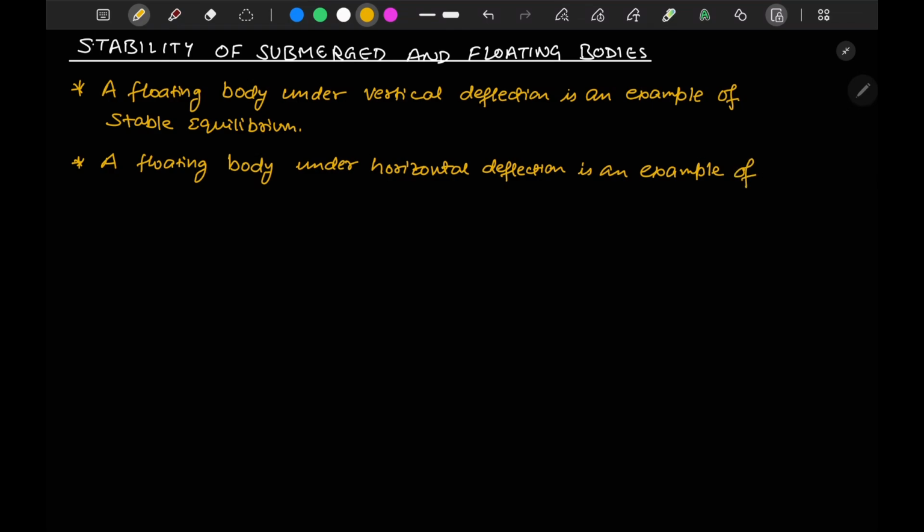Wherever we keep it, that body will remain there only. Why will it be like this? Because the net force will be equal to the buoyant force in case of floating, but there is no change in either of these forces. Neither the weight is increasing nor is the buoyant force increasing. You are just moving the body in the sideways direction. So net force in the sideways direction is always zero. It is an example of neutral equilibrium.